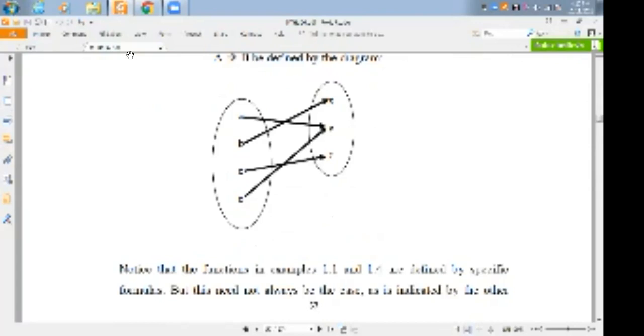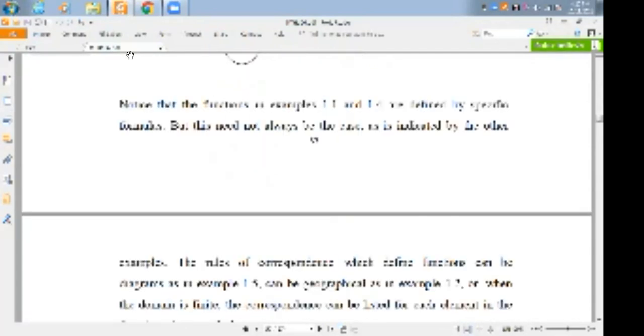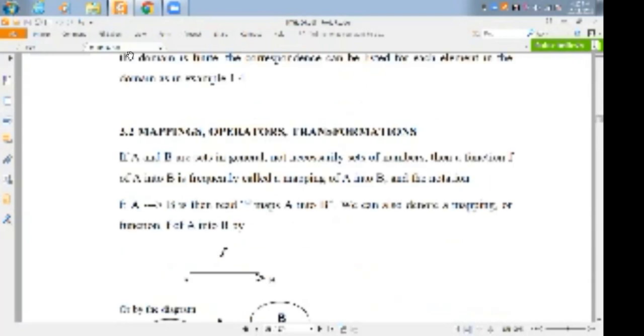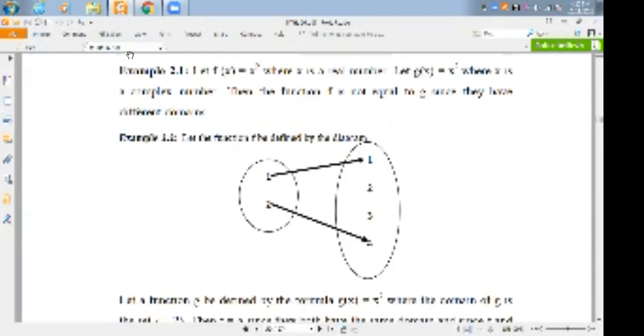In that case, that mapping or function is not one-to-one. But if you look at the example given in 2.2, you see one element to one element, one element to one element. That is an example of one-to-one mapping.